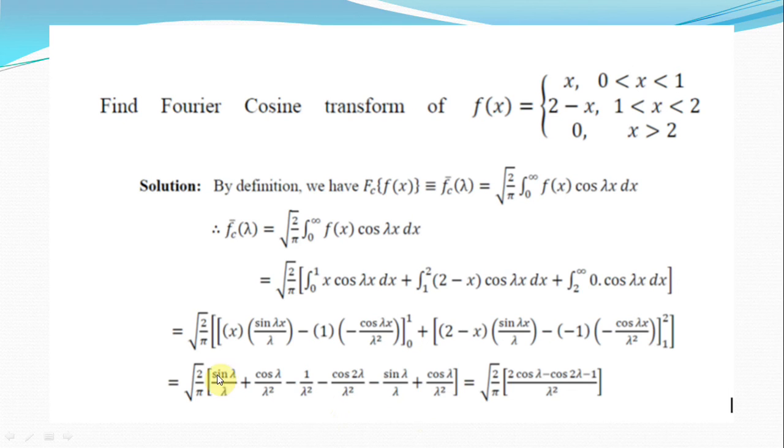So if I look at the terms, sin lambda by lambda and minus sin lambda by lambda cancel. Now cos lambda by lambda square and cos lambda by lambda square can be added. So it is 2 cos lambda minus cos 2 lambda minus 1 divided by lambda square.